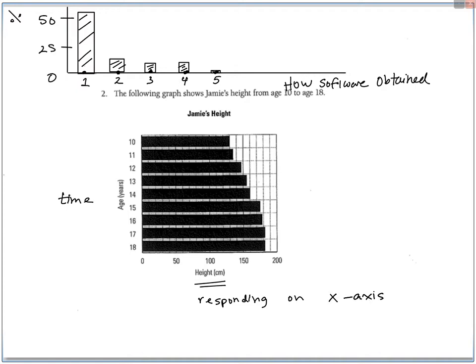It's weird, it's different, but I don't think it's going to really affect you that much. It's pretty straightforward. Because when you're age 10, this is her height. When she's age 11, this is her height. Okay? So obviously the bars are growing because she's growing.